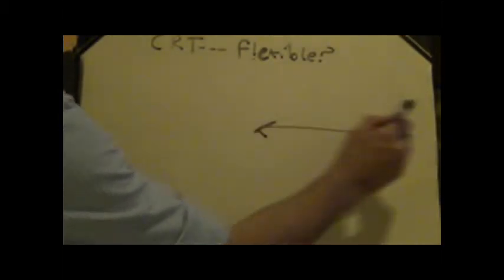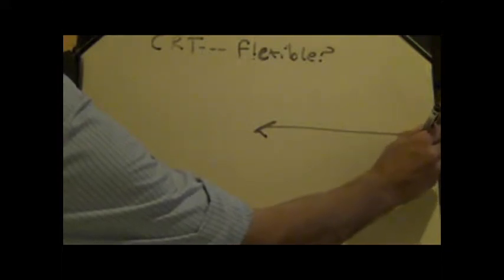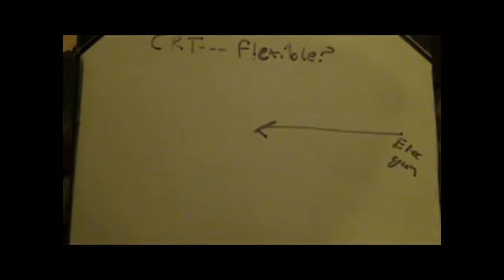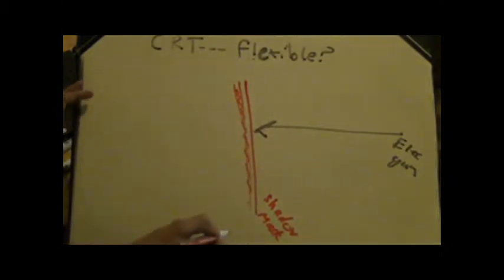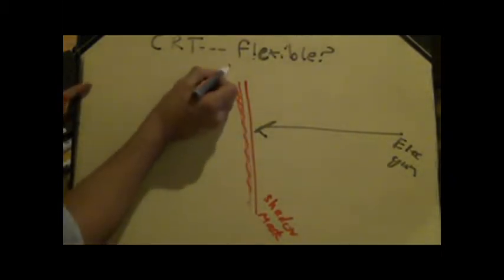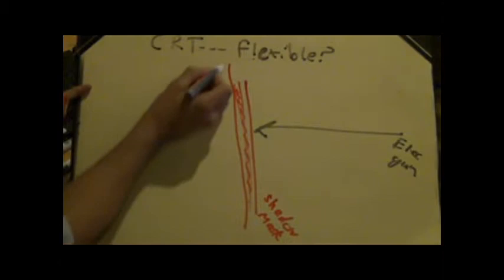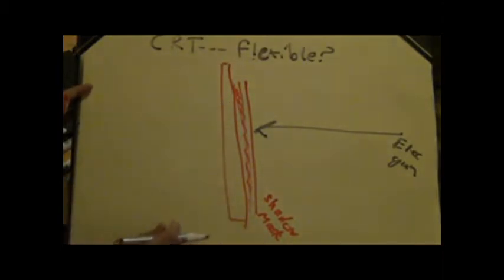Let's sum it up. CRTs, are they flexible? Well, just looking at the screen, let's not forget the big distance that the energy has to travel in the first place from our electron gun. We'll then get to the shadow mask that we talked about briefly before. Then we'll have where the actual phosphor is stored itself. Then after that we have this big sheet of glass to protect ourselves from all the energy.